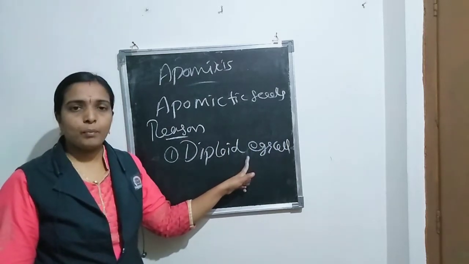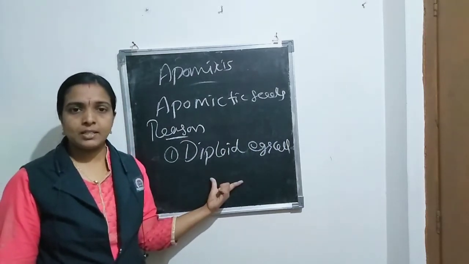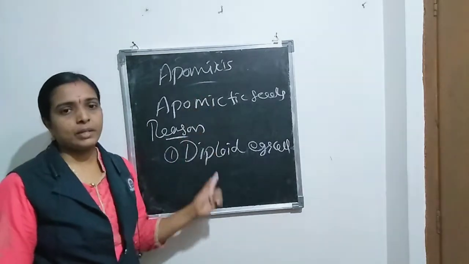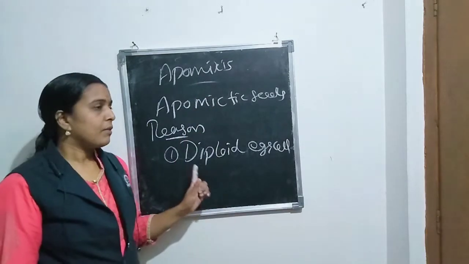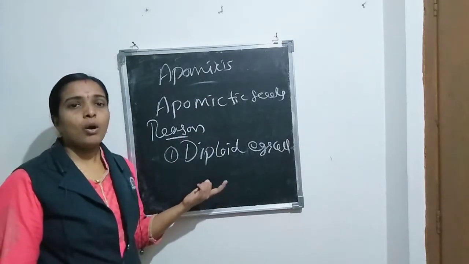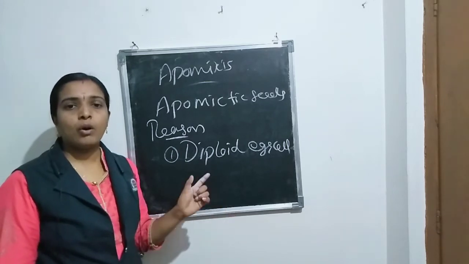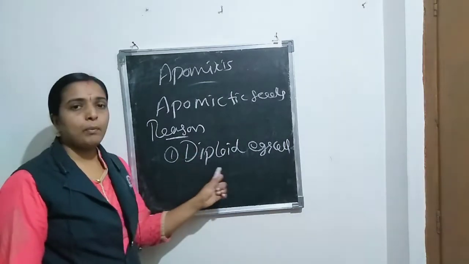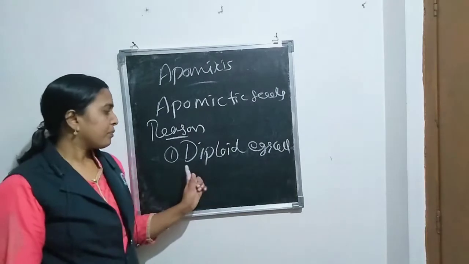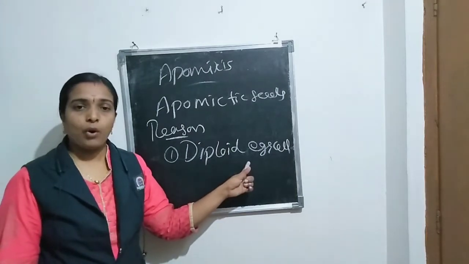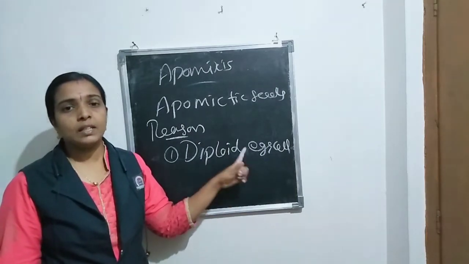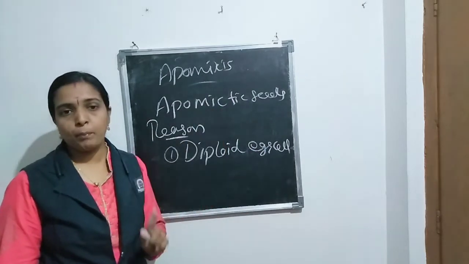A diploid egg cell is formed without reduction division. That is the reason for apomixis found in some plants. For example, in some varieties of mango or in the citrus family, this type of development is found. That leads to the production of apomictic seed.